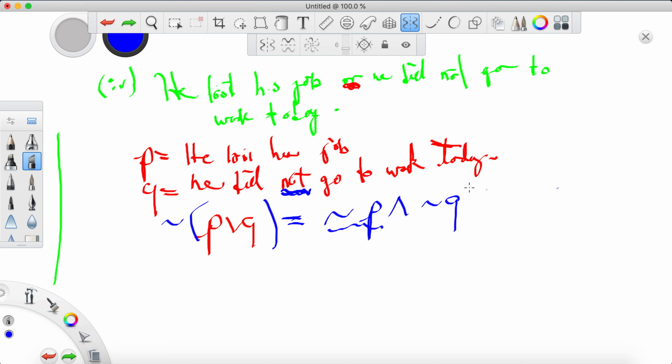This "not" is already part of Q, and then we're taking another "not" of that. But when you take a "not" here, you have to put a "not" around the whole thing. And if you say it's not the case he did not go to work today, that's just a fancy way of saying he went to work today. That's what we call the double negative in English. So in summary, he kept his job and he went to work.